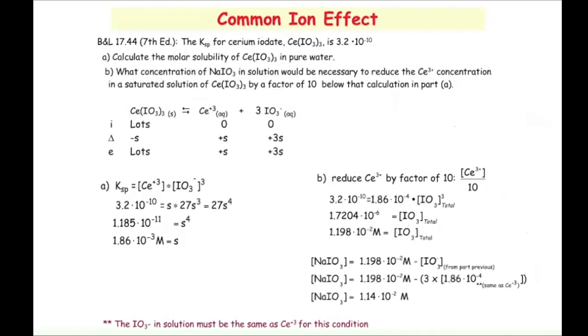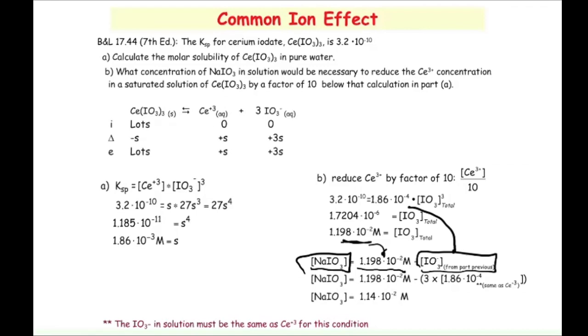This right here is equal to 1.98, that's the total right there, minus the amount of this that dissolves, the 1.86 times 10 to the minus 4, because that's the contribution from the equilibrium from cerium iodate.